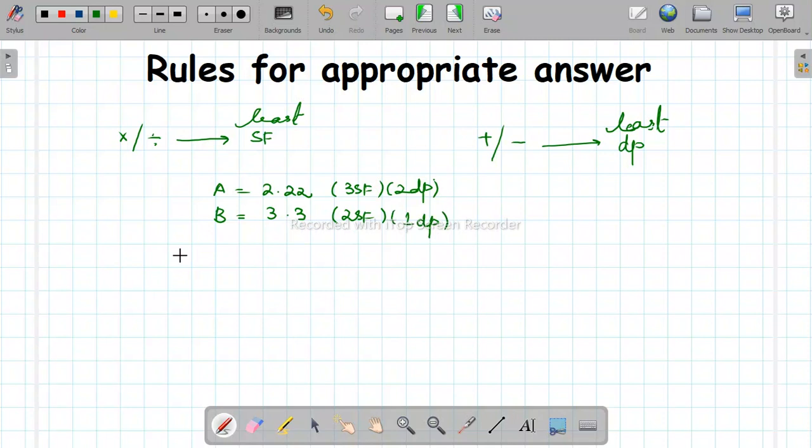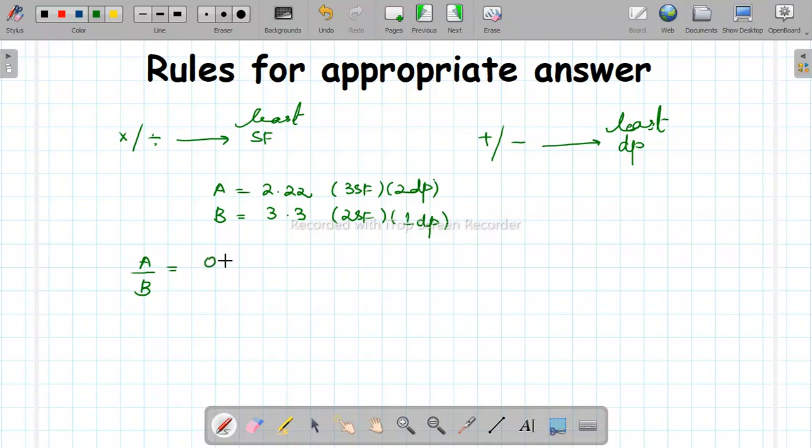Now, the rule says if you are to calculate A divided by B, right? आपने इस A और B को divide करना है, right? So we'll get 2.22 over 3.3. What would be the final answer?